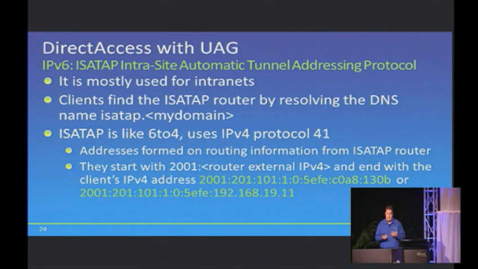That's also an automatic protocol, and it's almost the same as the 6to4 protocol. It's using protocol 41 and encapsulates the IPv4 traffic into IPv6, but that's supported with Windows 2008 R2 servers. So the bottom line: UAG, NAT64, because of the resources that you have at the moment.